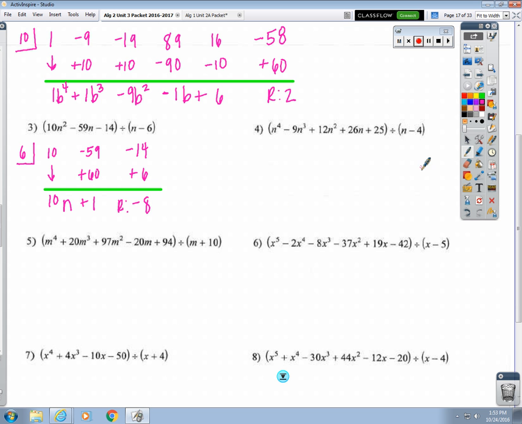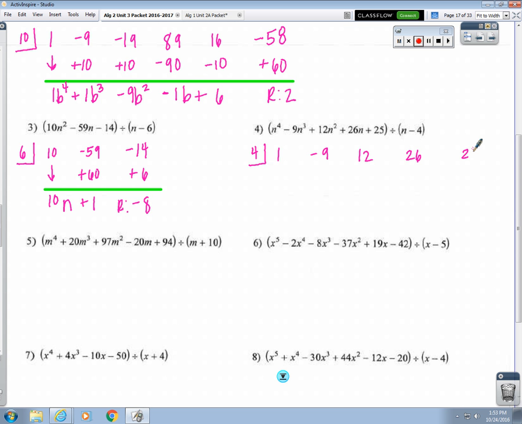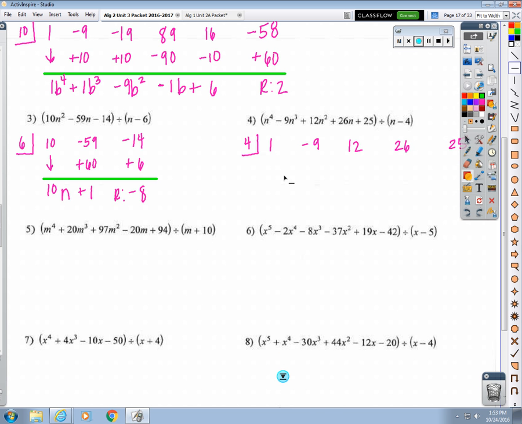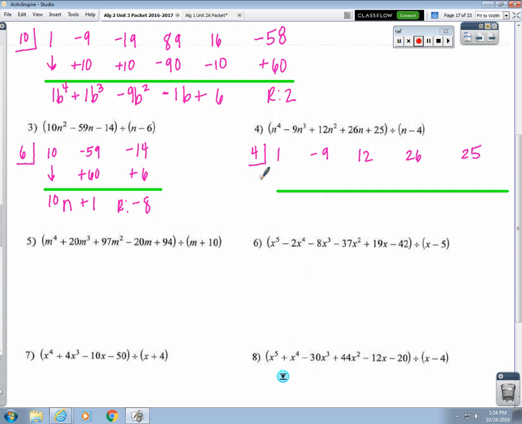All right, number 4. What number goes in the box? Positive 4. What numbers come here? 1, negative 9, 12, 26, and 25. Then I'm going to draw my line. What do I do first? Drop down the first number. So I drop this 1, and it multiplies by the 4 to make a positive 4. What do those combine to be?